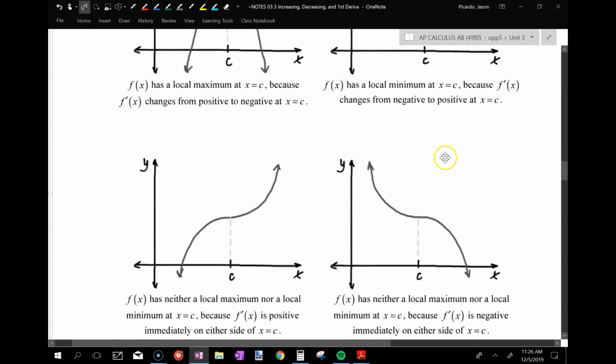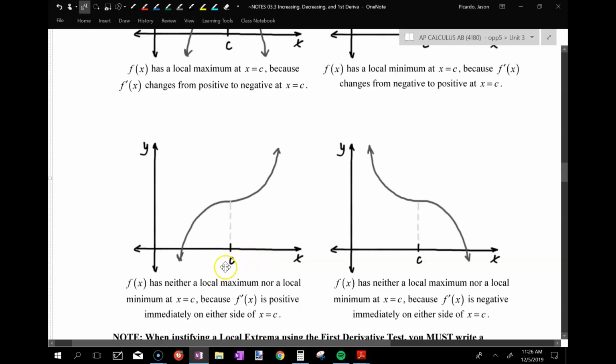Okay, now check it out. Ready? So let's pretend for a minute that the derivative at this one point was 0. Let's pretend that it got really flat. Would that have given me a critical value? It would have, yes. But here's the problem. A critical value does not guarantee me a maximum or a minimum.